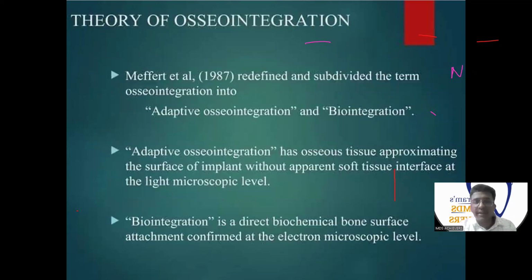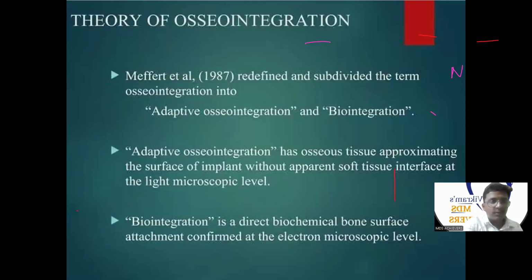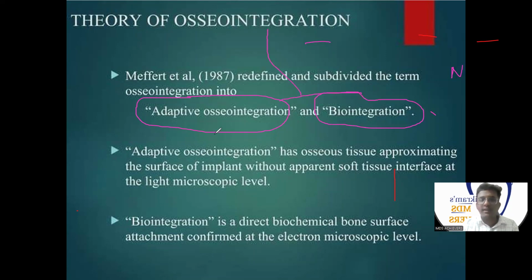Now the theory of osseointegration was redefined and subdivided into adaptive osseointegration and biointegration. You don't need it in detail, but you have to mention the terminology: adaptive osseointegration and biointegration, the two parts of osseointegration.